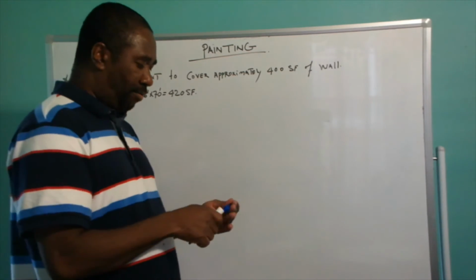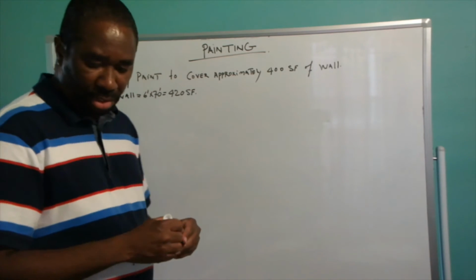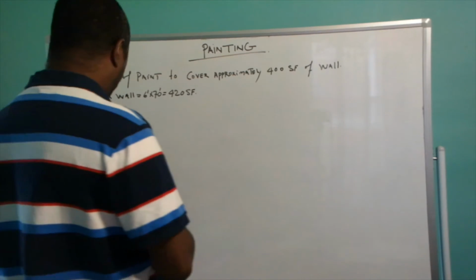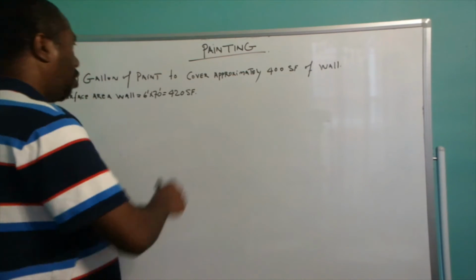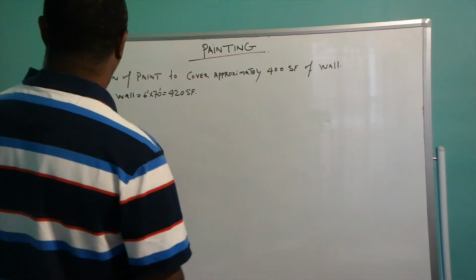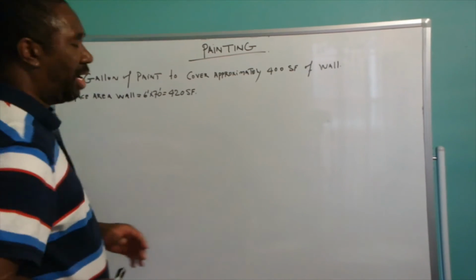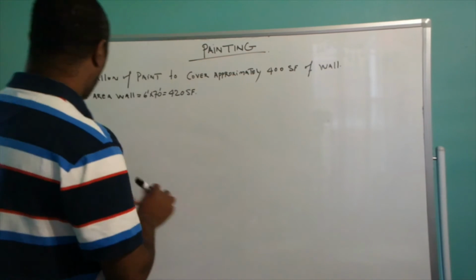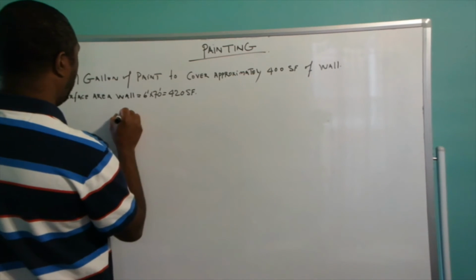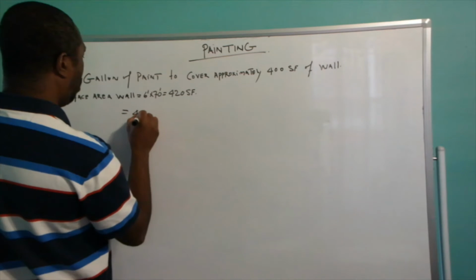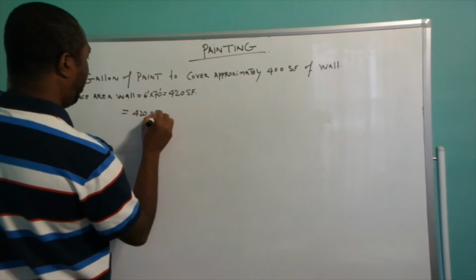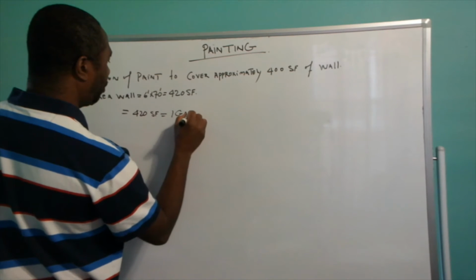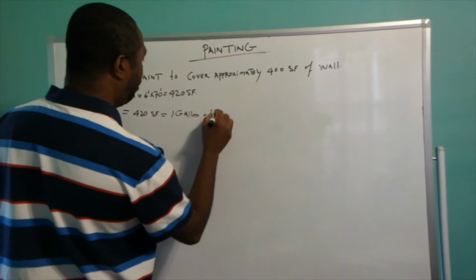So for me, I am going to be using this 400 square feet of 1 gallon to cover my 420 square feet. So it is going to be 420 square feet, which will equal to 1 gallon of paint.